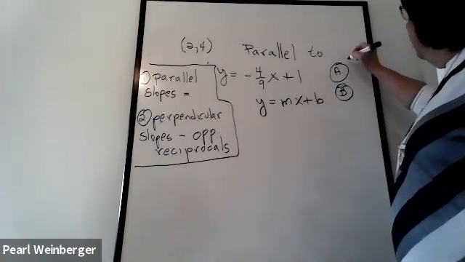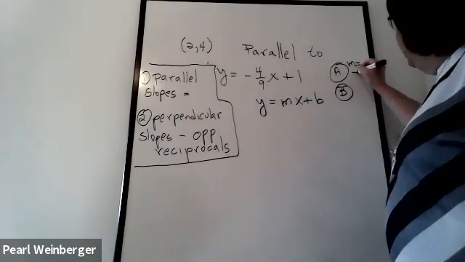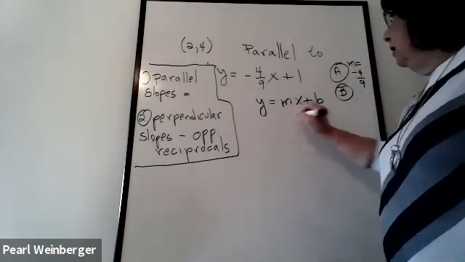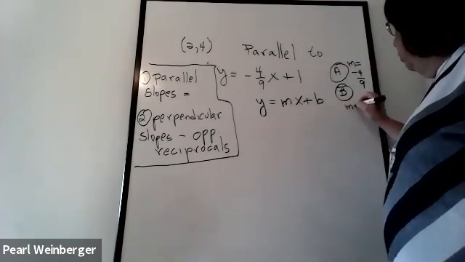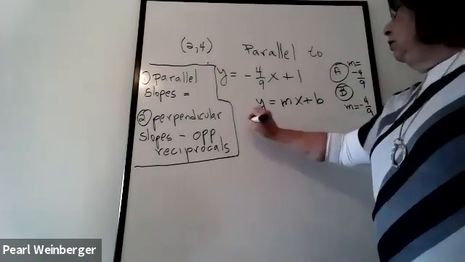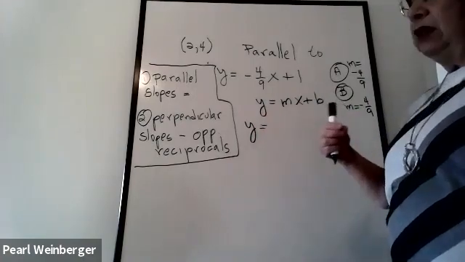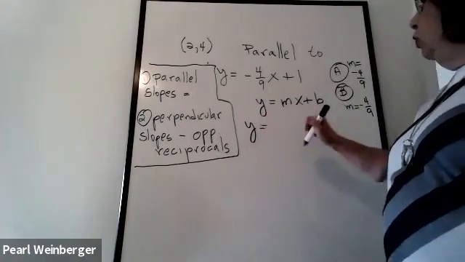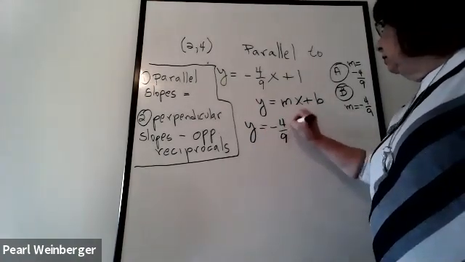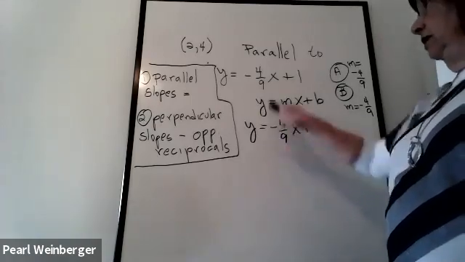So the slope in line A is the number in front of the x, which is -4/9. The slope in line B is also going to be -4/9. In other words, my line, the line that I'm trying to write the equation of, is y equals -4/9 x plus b. It's going to have the same slope.